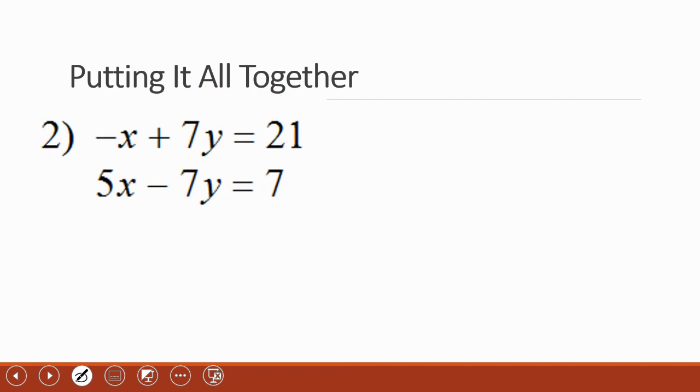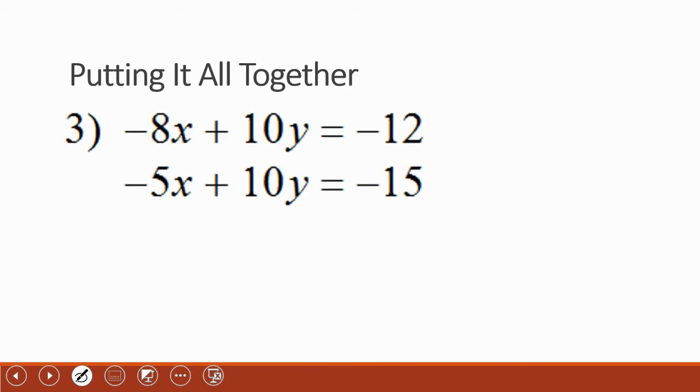The other ones you should be able to pause and do the problem. For this one, you can add them together. For number 3, I'm going to have to multiply something by -1, either the top or the bottom, so that the 10s go away.